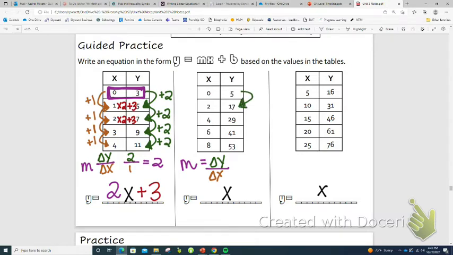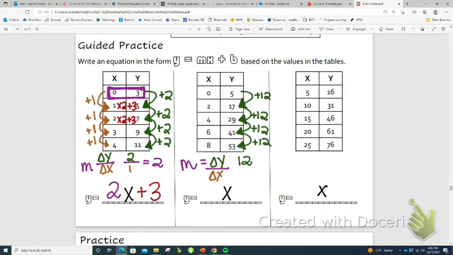So to go from 5 to 17, we add 12. From 17 to 29, we add 12. 29 to 41, add 12. And 41 to 53, add 12. So y is changing by a positive 12.